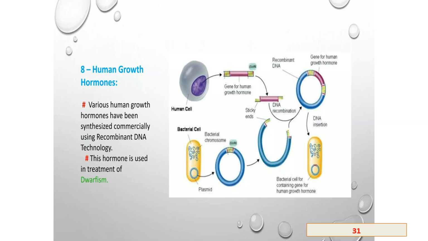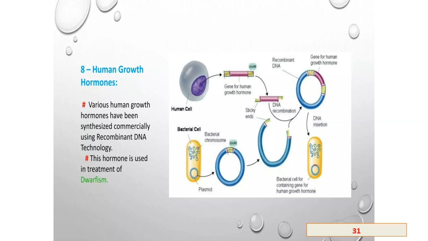Then human growth hormone can also be prepared by genetic engineering technology using recombinant DNA technology. The human growth hormone is used for the treatment of dwarfism. From a human cell, a specific gene for growth hormone is isolated, then incorporated into the sticky ends of a DNA.